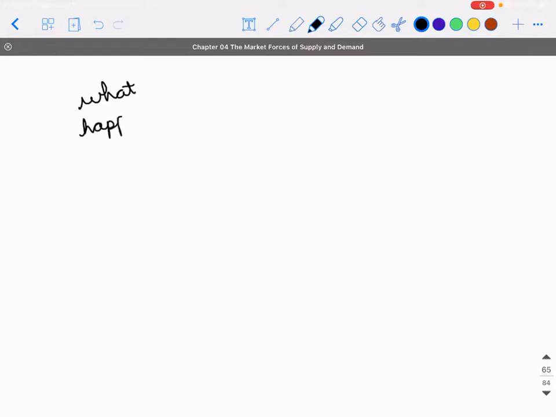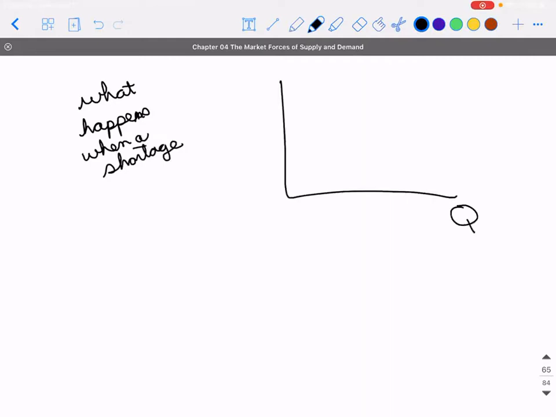What happens when there's a shortage? Just kind of like buying N95 masks in February, right? Because the only people that were buying N95 masks were healthcare workers, people painting stuff, people who do outdoor projects, they need N95 masks.